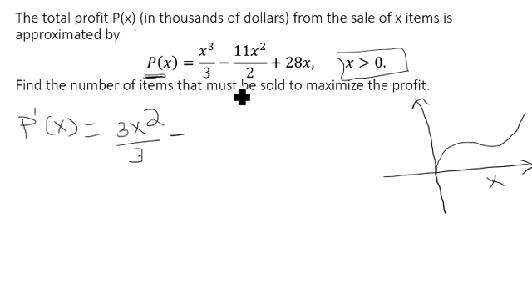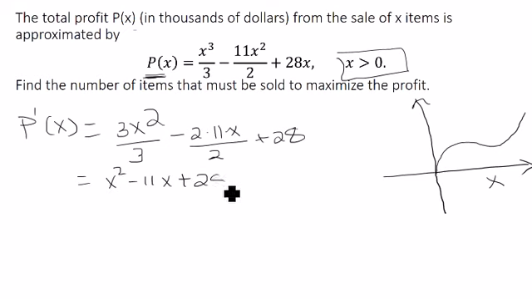Minus 11x squared over 2 is going to be 2 times 11 times x to the power 2 minus 1, which is 1, divided by 2, and plus 28. After canceling these common factors, we have x squared minus 11x plus 28, and that's the first derivative.